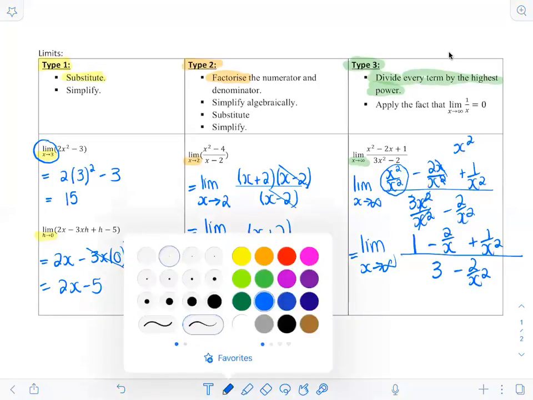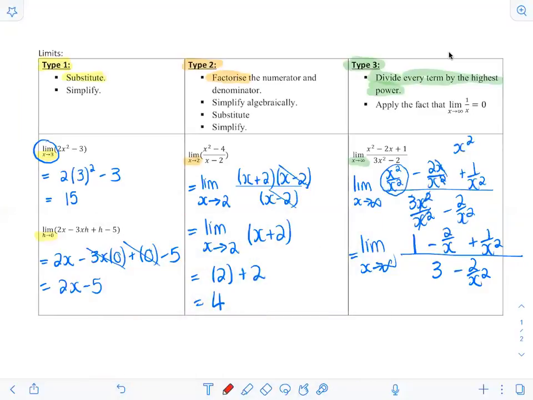And now I'm going to use a principle that I know: if I have the limit x approaching infinity of 1 over x, that is equal to 0. Let's look at examples. If we have a half, value is 0.5. If I make that denominator a little bit bigger, 0.25 is a quarter.